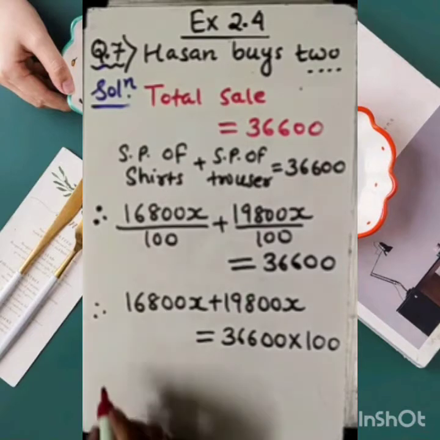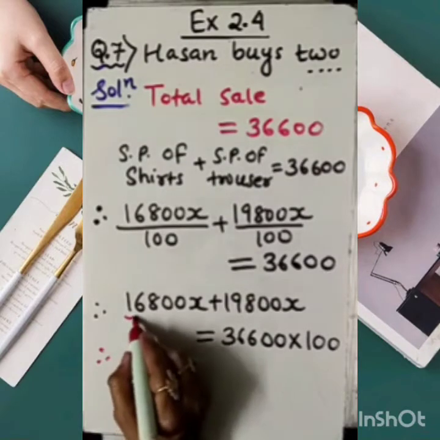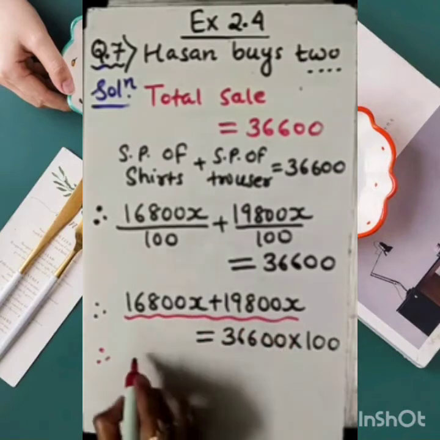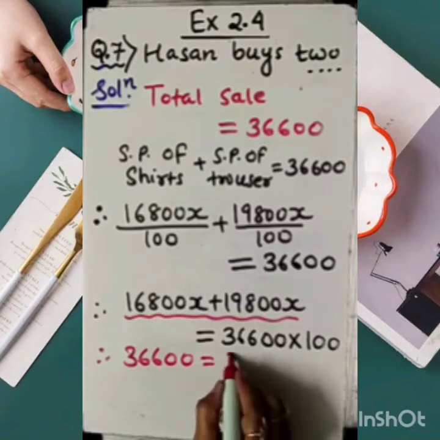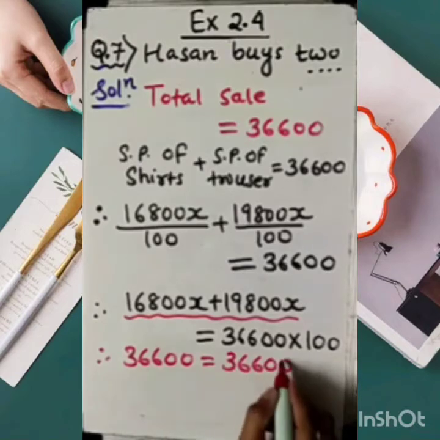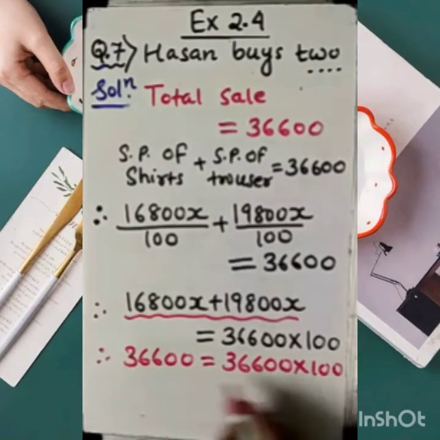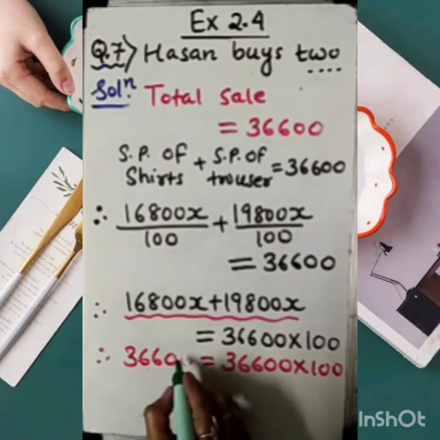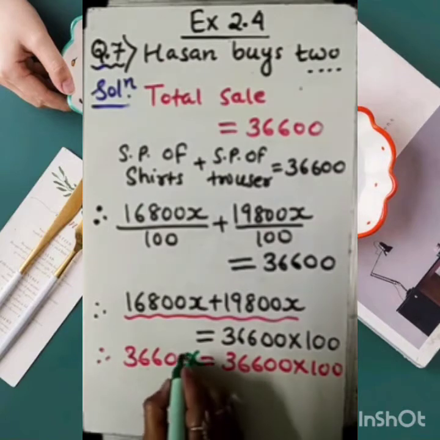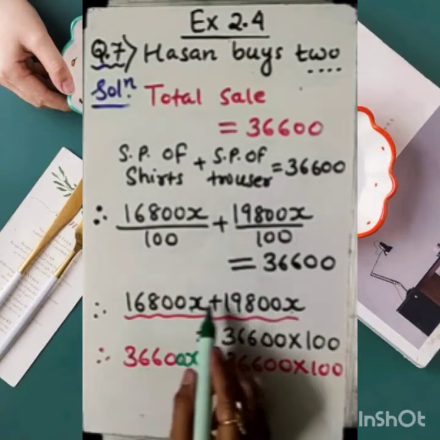Now the sum of these two numbers. Let's add these two numbers. The sum is coming 3660, that is equal to 3660 into 100 along with the x also there. Okay, so here I am mentioning the x which I forgot to write here. So here it is x and 0 is already there because here x is here.